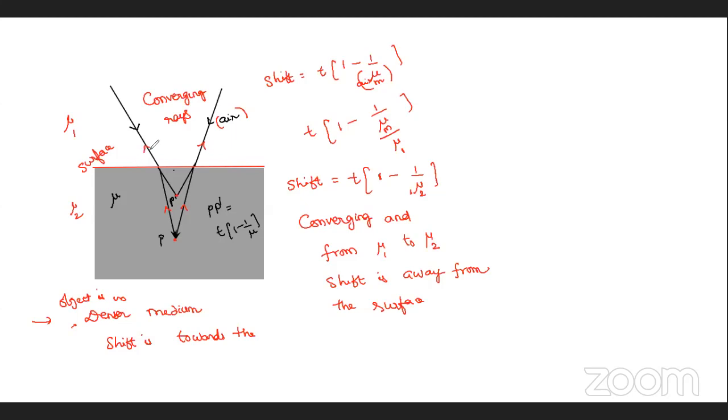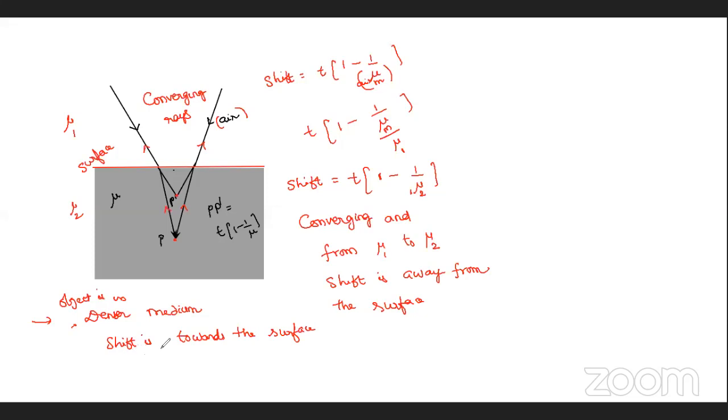They appear to be diverging or converging? Diverging. Yes, that's what I am saying. Object is in denser medium, shift is towards the surface, and in the rarer medium, they are diverging rays. Am I right? Yes, sir.